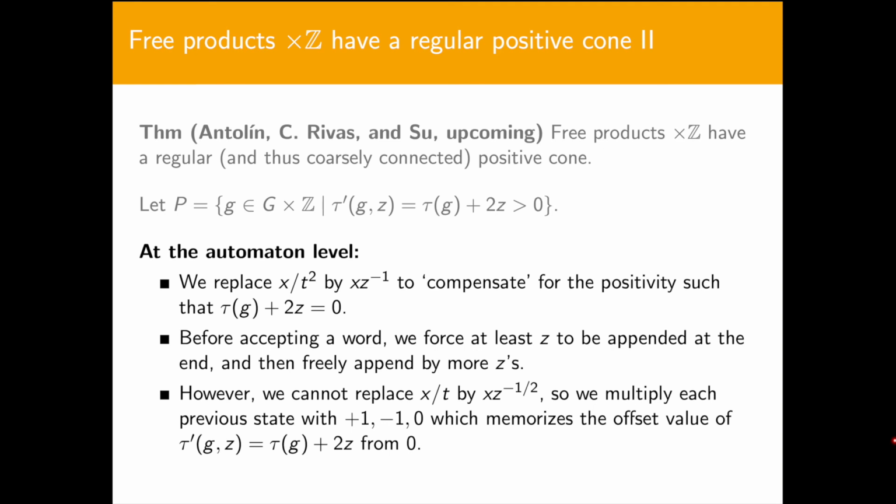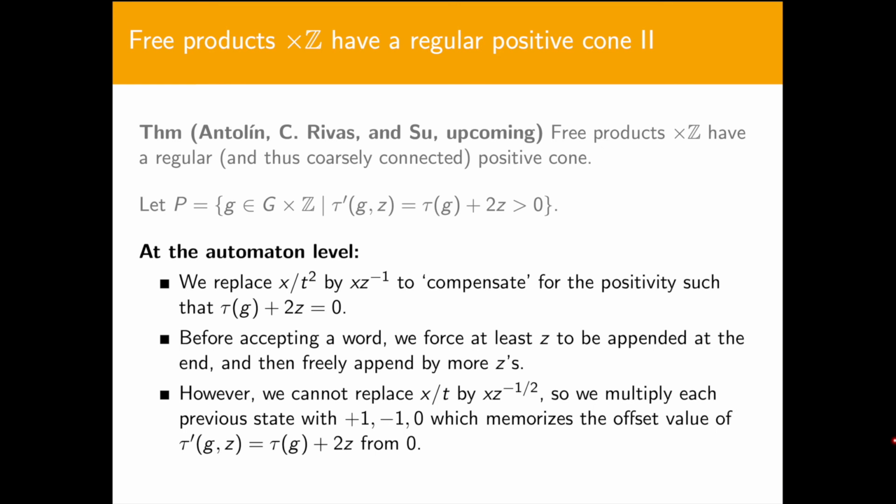You read x and you push two symbols onto the stack by x z inverse to compensate for the positivity, so that instead of counting tau as you did when you had a stack, you always try to maintain the tau, or tau prime in this case, count to 0, so that you don't have to count anything. And then before accepting the word, we force at least z to be appended at the end.